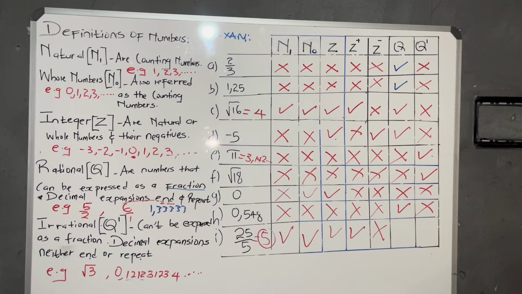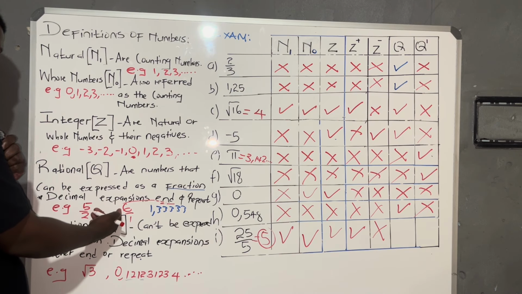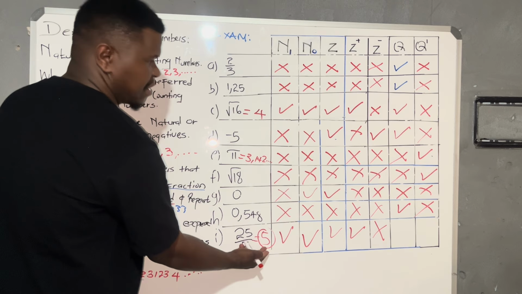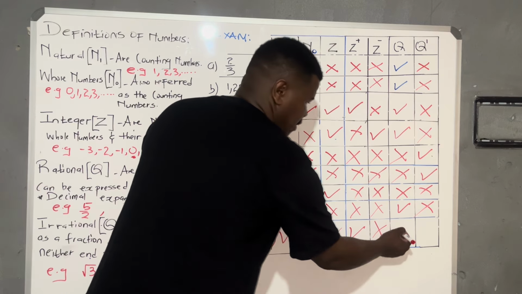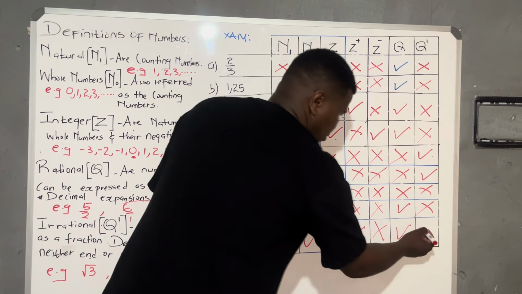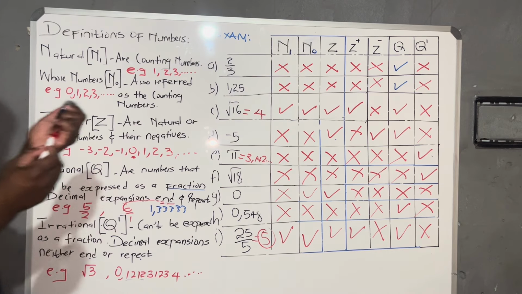Now, let's check the last thing. Since we have got 25 over 5, which can be expressed as a fraction, that means even 5 can be expressed as a fraction. What does that mean? This is our rational, and it cannot be both rational and irrational.